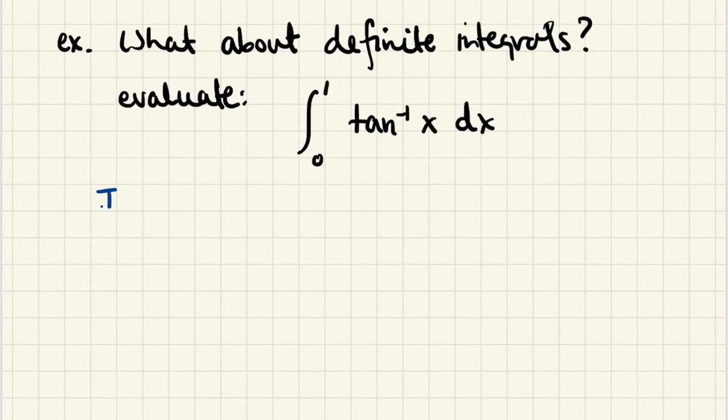Well, let's use integration by parts on this guy. And according to LIATE, we should look for logarithms. Don't see any. Inverse trig, yes, right there, inverse trig. So u is inverse tan of x, du will be the derivative of inverse tangent.